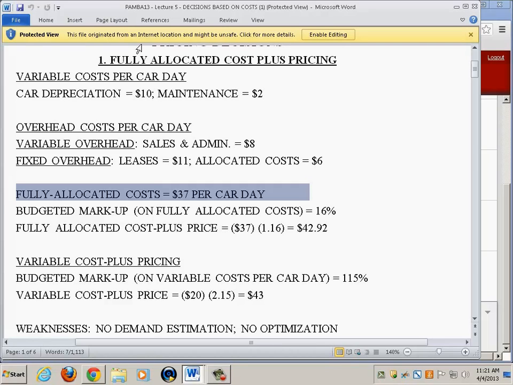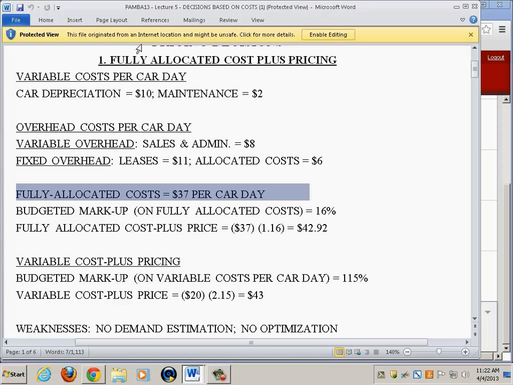So we tag on another 16% to the fully allocated costs, or we multiply the $37 fully allocated cost per car day times 1.16, and we get $42.92 or $43. So the idea is, if we price at $43, we charge the customers roughly $43 per day for the cars that we rent.